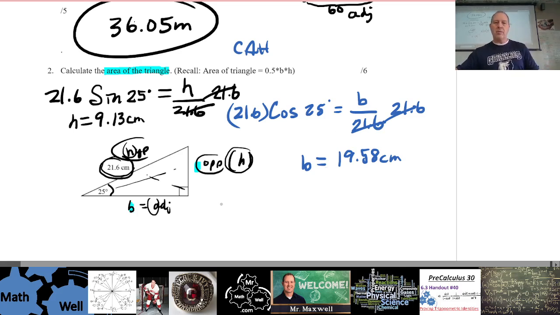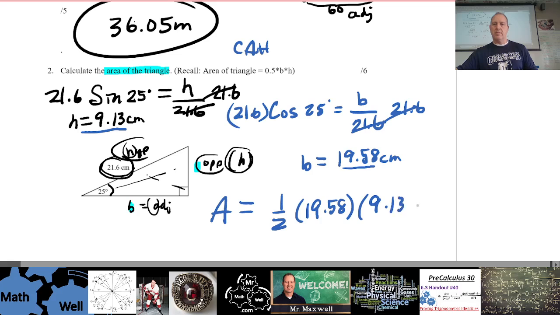So now I'm going to do area equals 1/2 or 0.5, the base, which is this number, times the height, which is this number.